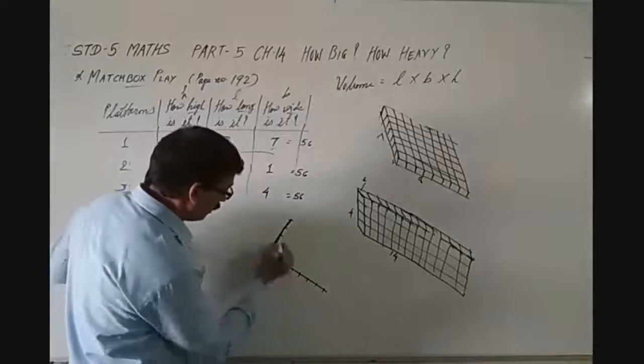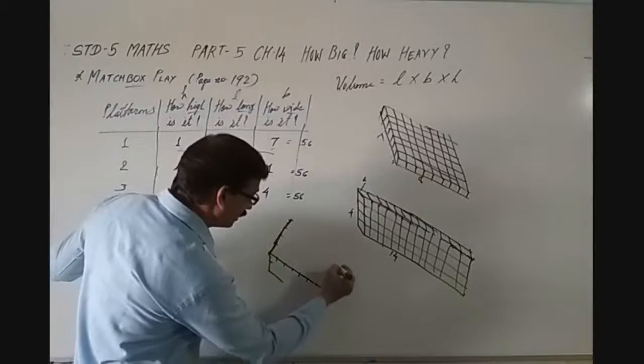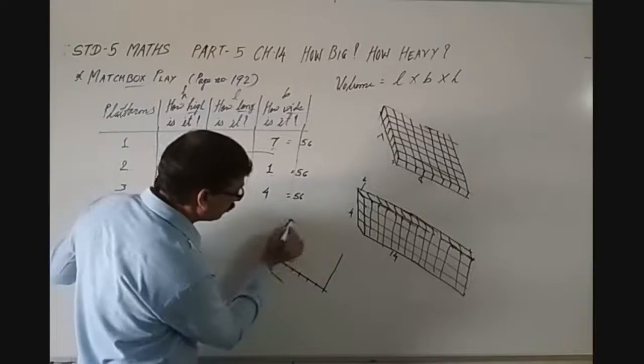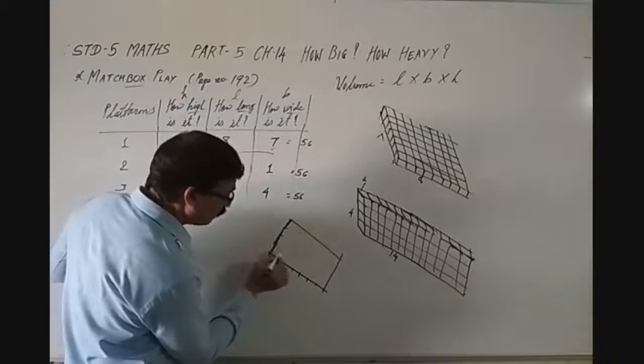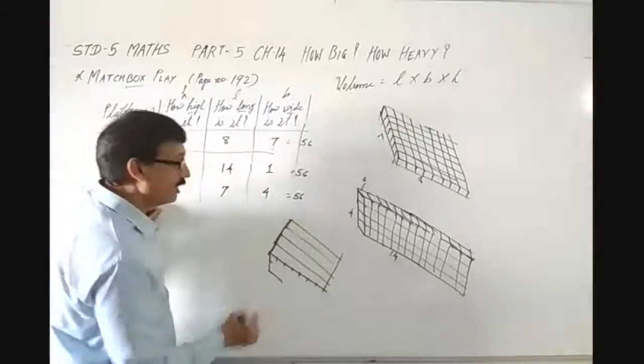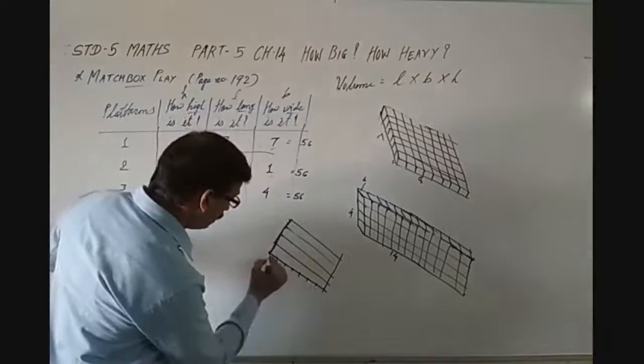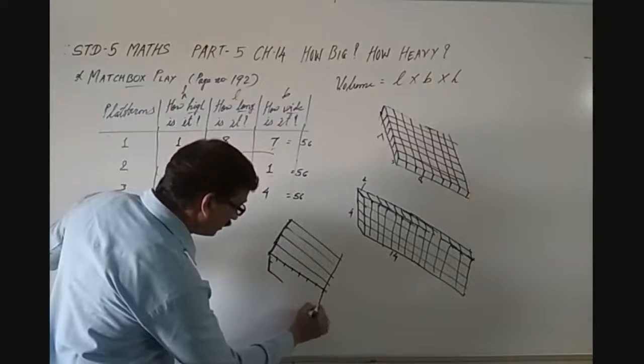Now this is parallel to this. Okay, and this is parallel to this. Now just you have to join all this. Join this one. Okay, and this is parallel to this.